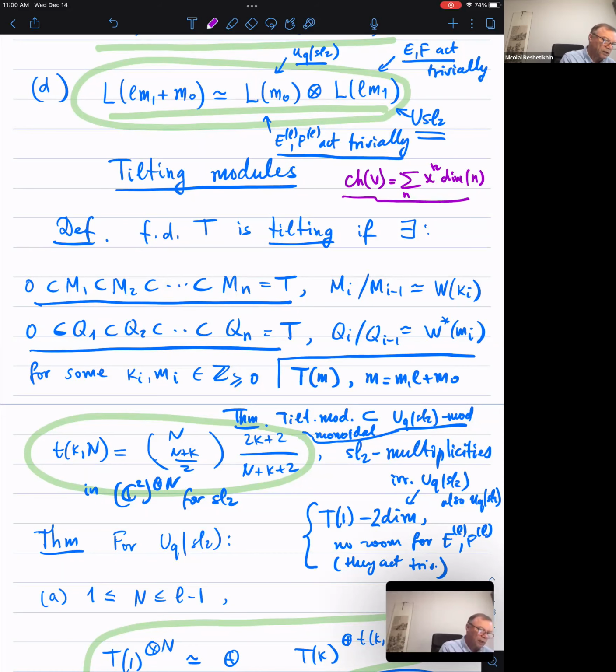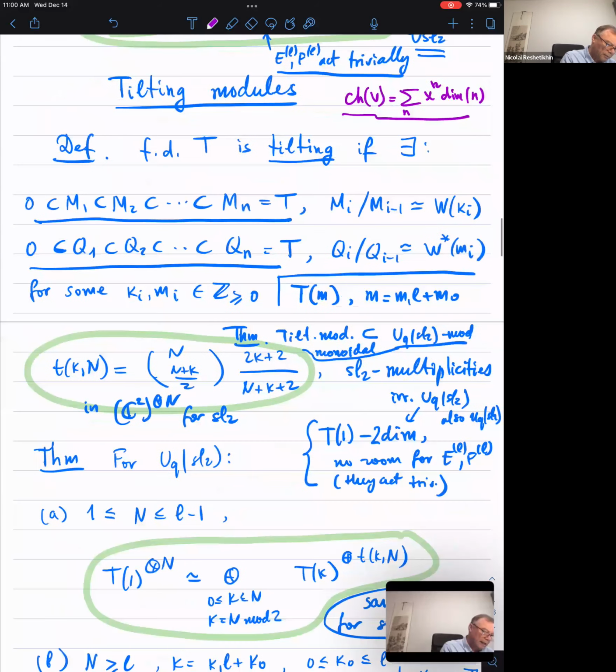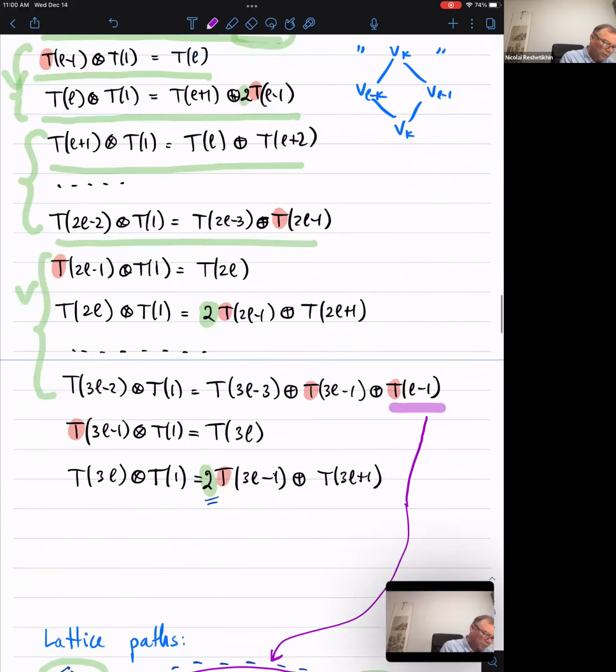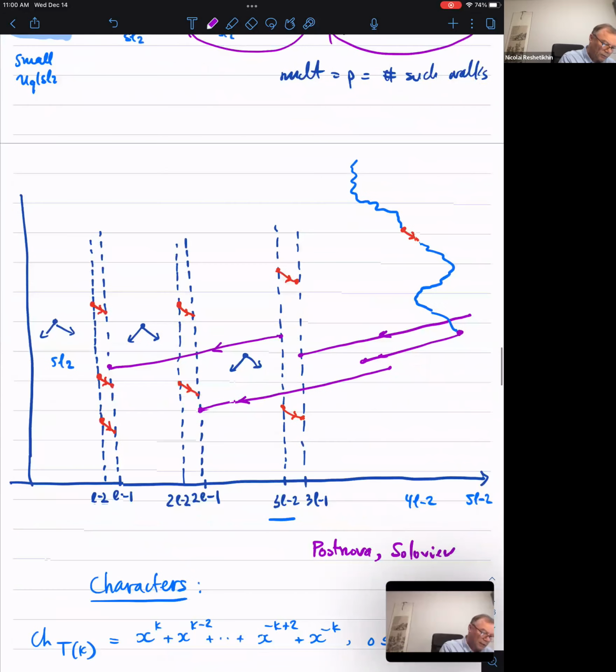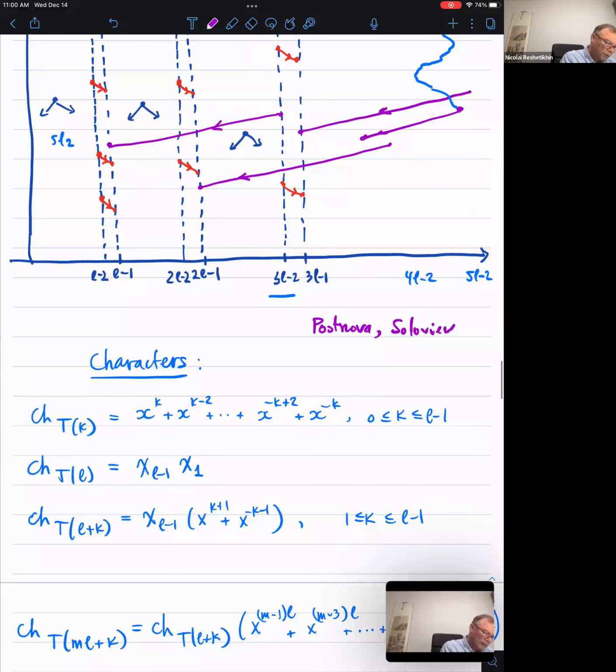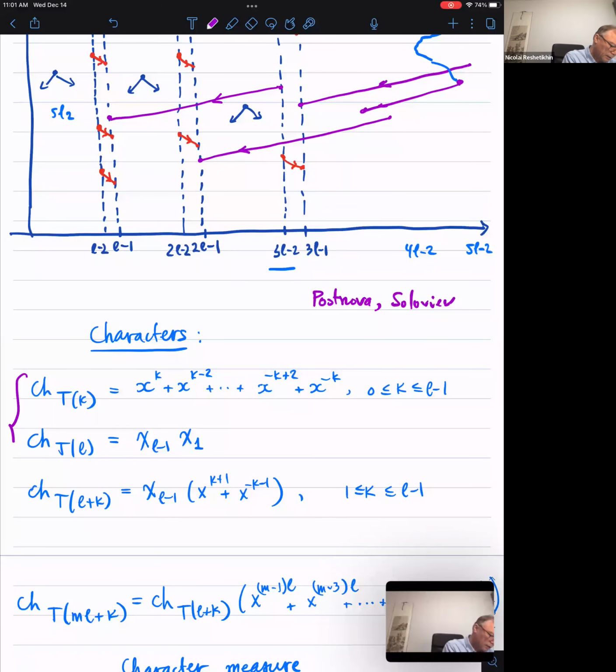So this is what we do here. We define the formal character exactly by that formula. So this is the definition.